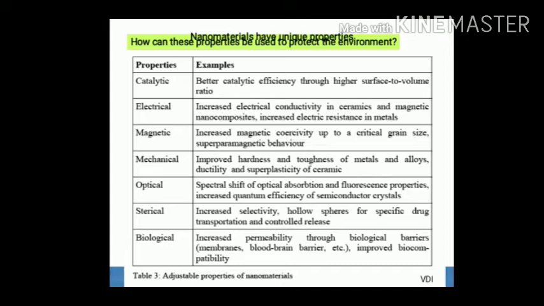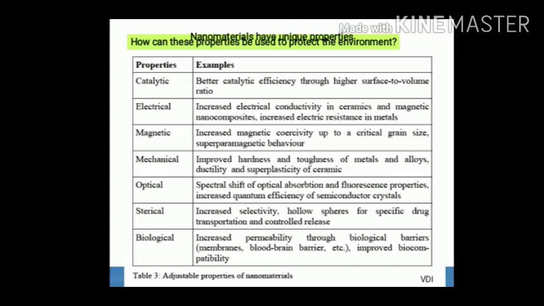For magnetic, it increased magnetic coercivity up to a critical grain size, superparamagnetic behavior. For mechanical, improved hardness and toughness of metals and alloys, ductility and superplasticity of ceramic.